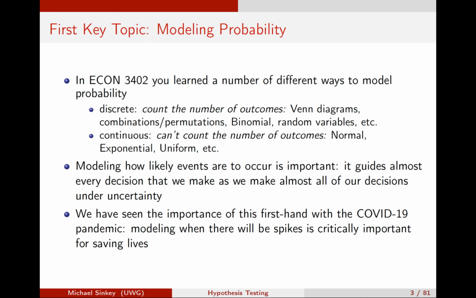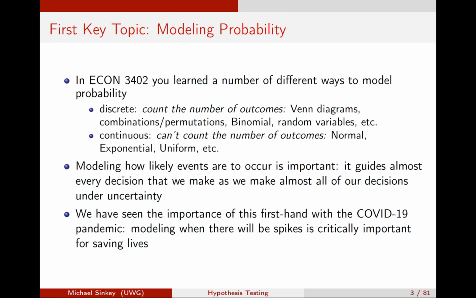So consider commuting to West Georgia. I choose the route based on how quickly I'll get there, but also how safe it is. So I may not want to take the windiest road imaginable. I may want something that I'm more familiar with because I'm trying to reduce the probability of a bad outcome and increase the probability of a good outcome.